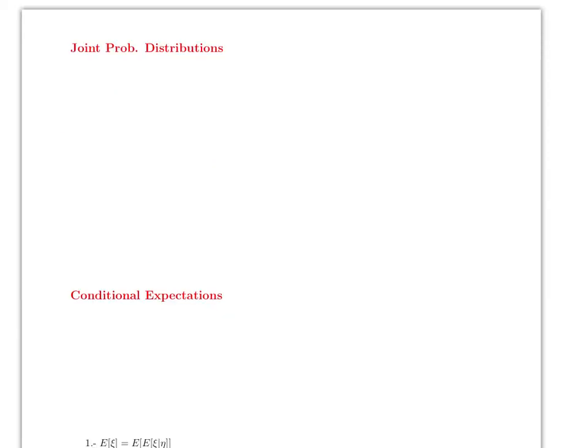The next thing to review from probability is the joint probability distributions.